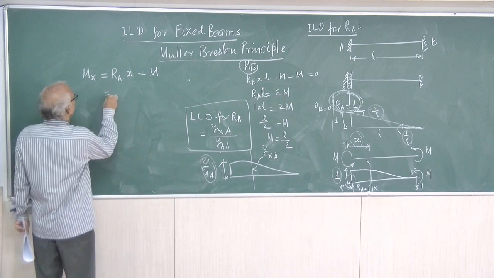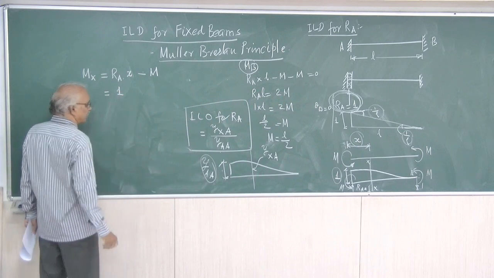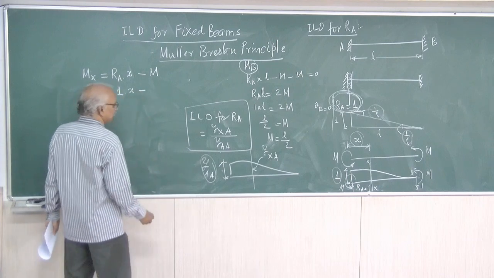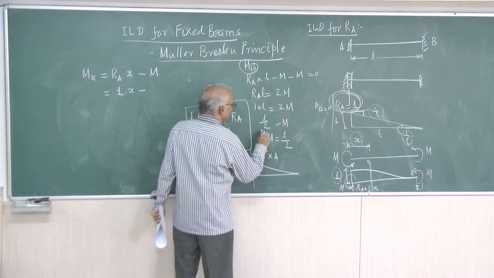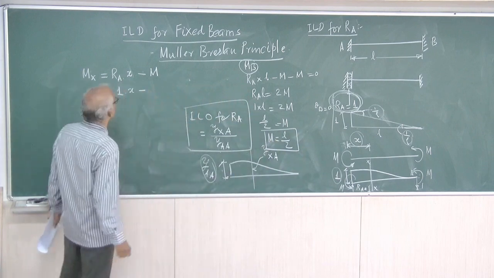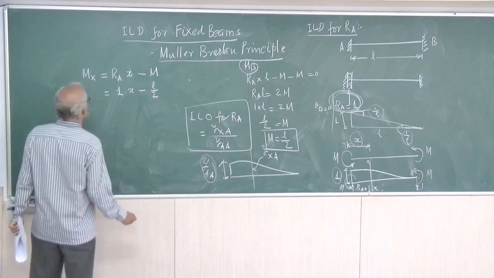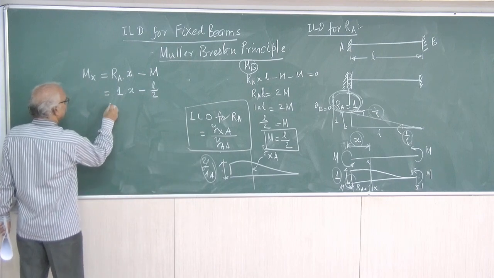Now, we know RA equals 1, so we apply RA equals 1 into x. And what is M? M equals L by 2. So Mx equals x minus L by 2.